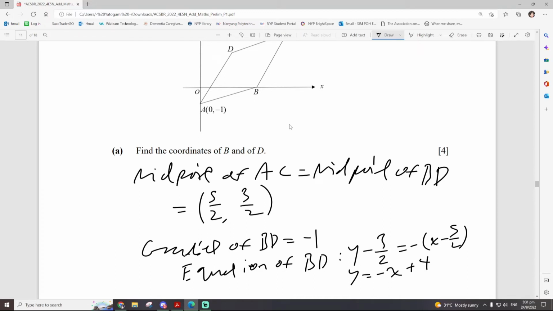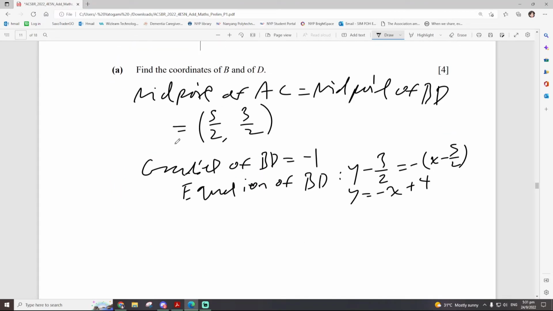Okay. Of course, you could have seen this immediately. x plus y is 5/2 plus 3/2 equals 4. So coordinates of B: you let y equals 0, and you will get just 4 and 0.